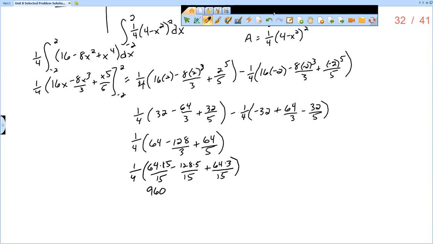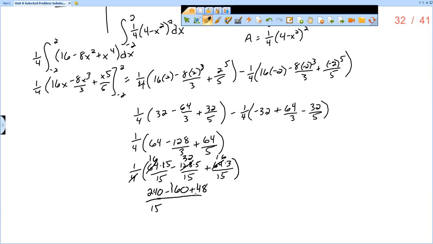Actually, I can make this a little easier, since I've got the 1/4 here. Let's reduce: 64 divided by 4 is 16, 128 divided by 4 is 32, and 64 divided by 4 is 16. So we can make the numbers a little easier. 16 times 15 is 240 fifteenths, minus 32 times 5, which is 160, plus 16 times 3, which is 48.